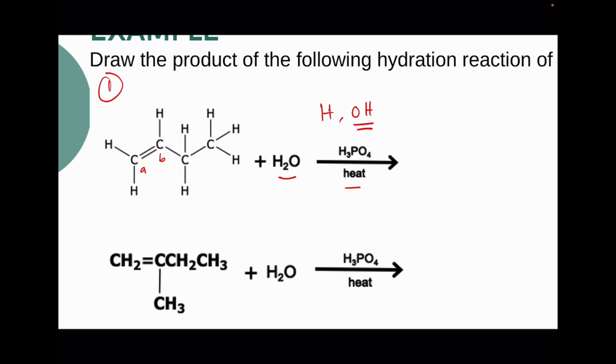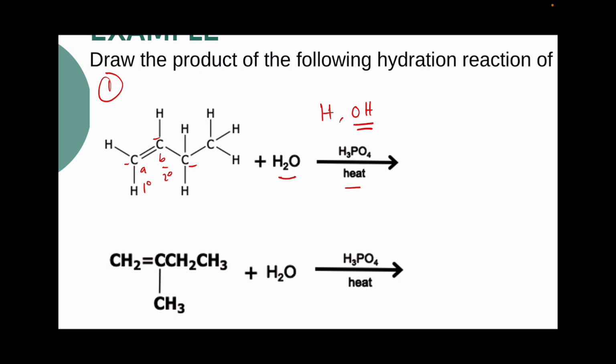So OH will attach to which carbon, A or B? To make it easy, first you need to classify carbon A and carbon B. Carbon A is a primary carbon because it is attached to one carbon. Meanwhile, carbon B is a secondary carbon because it is attached to two carbons.